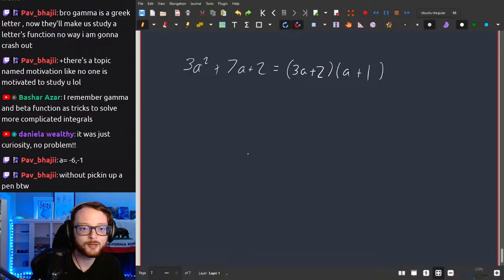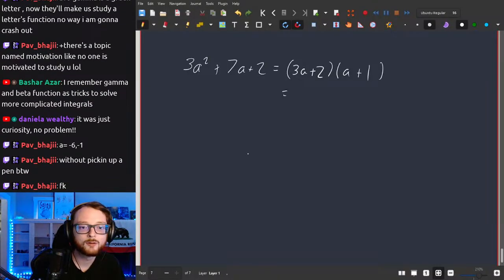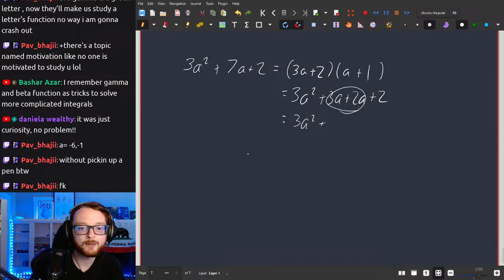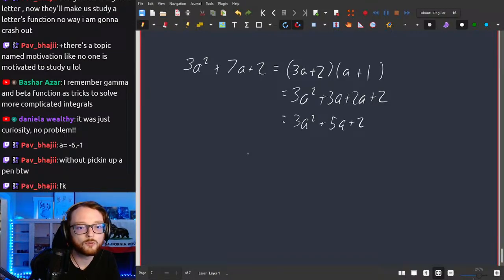Let's multiply it out and check that. So 3a squared plus 3a plus 2a plus 2. So yeah, this is wrong because the 3a squared is right, but in the middle we're just getting a 5a. So not that.